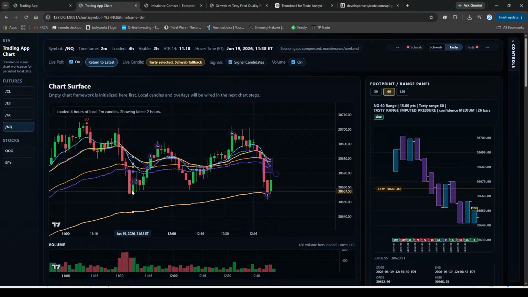And here's our first go back into the imbalance that was created. And then it pulls back. So I would consider this the beginning of the imbalance. So I have an imbalance area from here all the way down to here.